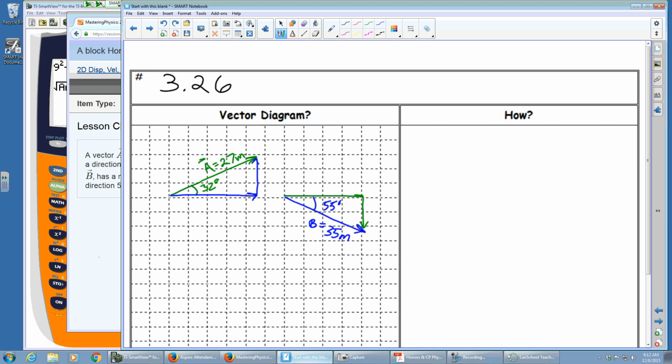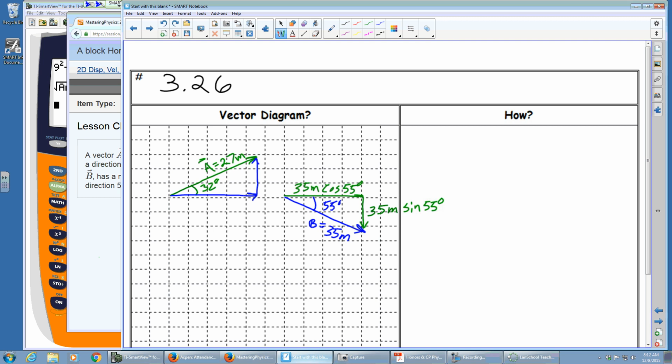Make friends with them. So this side here would be 35 meters cosine 55 degrees. Remember, those working on the computers, you have this in front of you if it's hard to see up here. You can pull up the window. And then this side would be 35 meters sine 55 degrees.